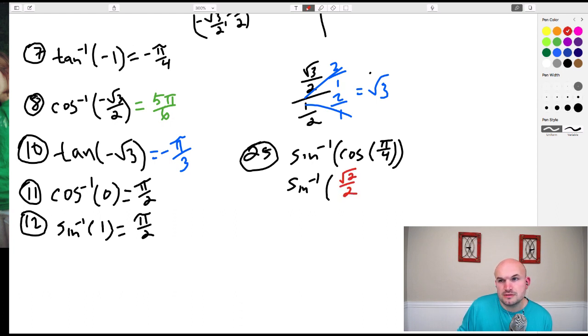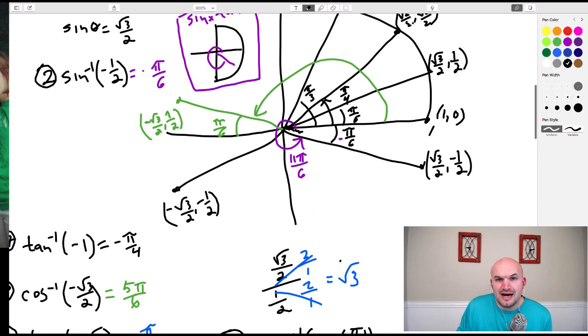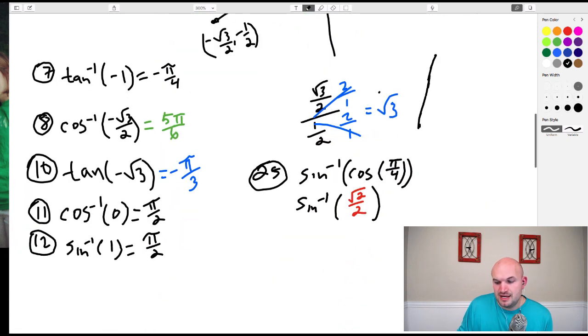Now, what is the sine inverse of square root of 2 over 2? What angle's sine gives me square root of 2 over 2? If the restriction has to be in the first or the fourth quadrant, we can see that angle is going to be pi over 4. So the answer is pi over 4.